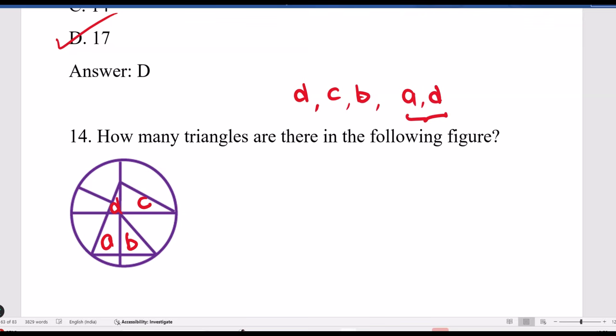Then D and C combined is one triangle. That is 5 so far for me.